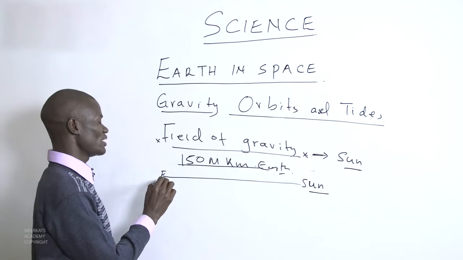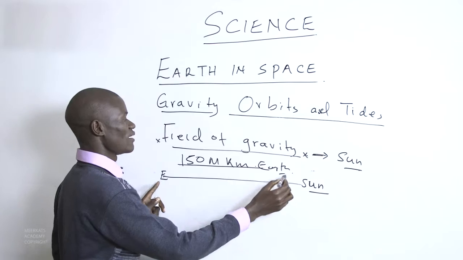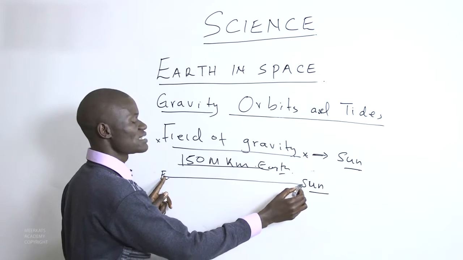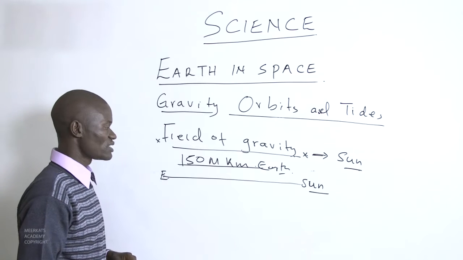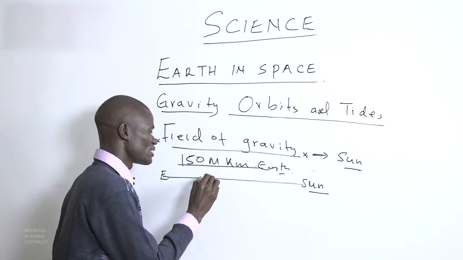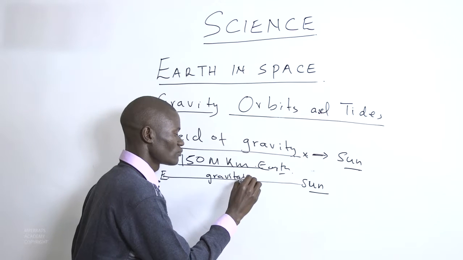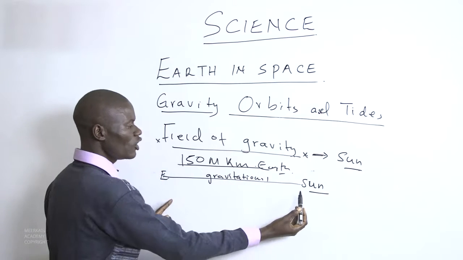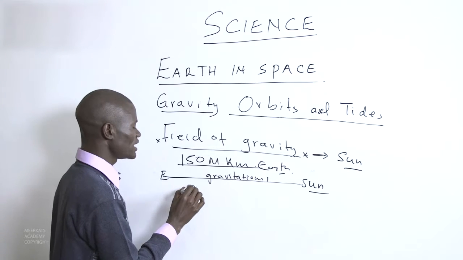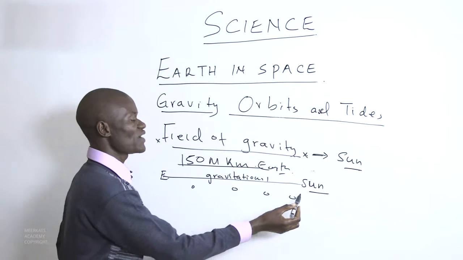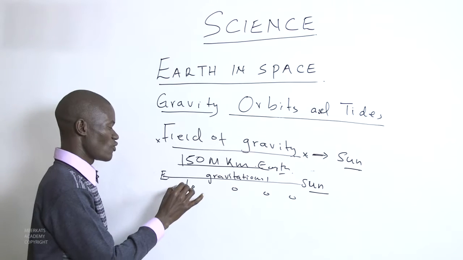Planet Earth is found in the space where there is a field of gravity. This is a gravitational field, and all objects found within this region are affected by this force of gravity.